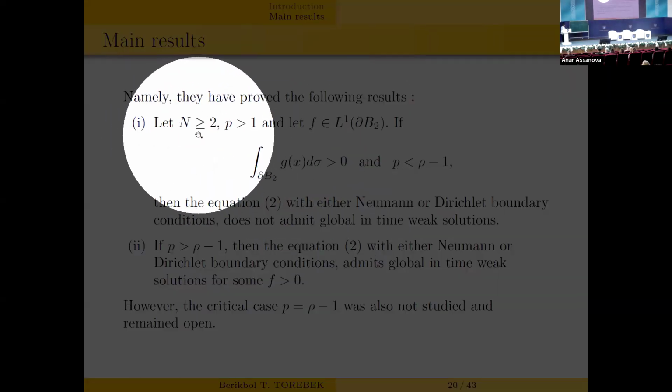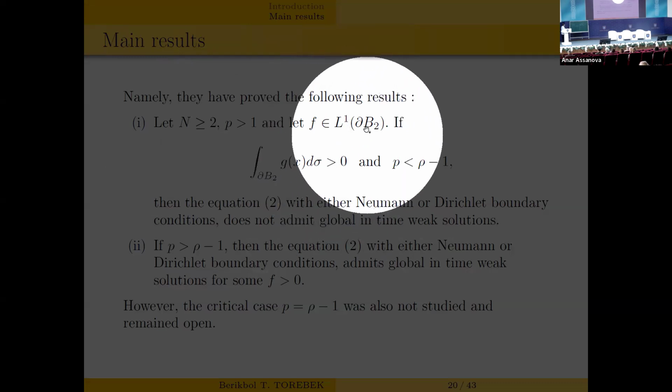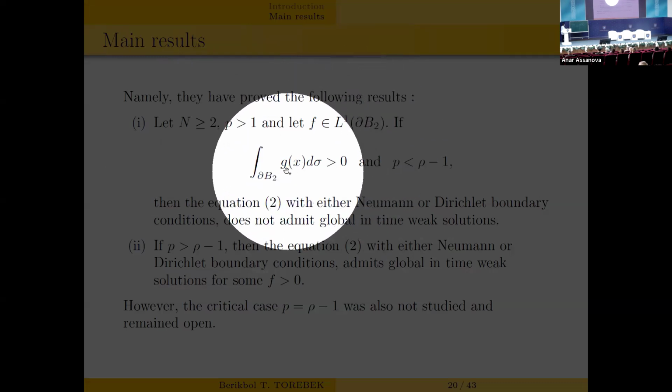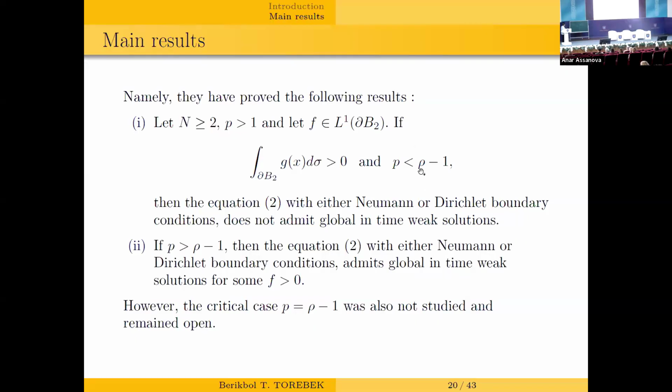Starting with the two-dimensional case. If this boundary function is integrable on the boundary, here is just a mistake, it should be f also, and the integral of f on the boundary is strictly positive, and if p is less than rho minus 1, then the considered semilinear heat inequality with Neumann or Dirichlet boundary conditions does not admit global in time weak solutions.